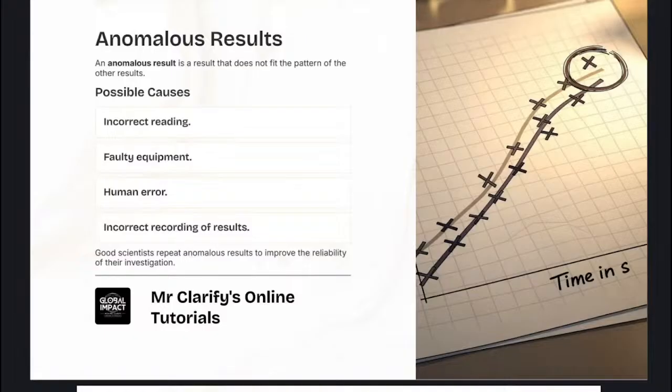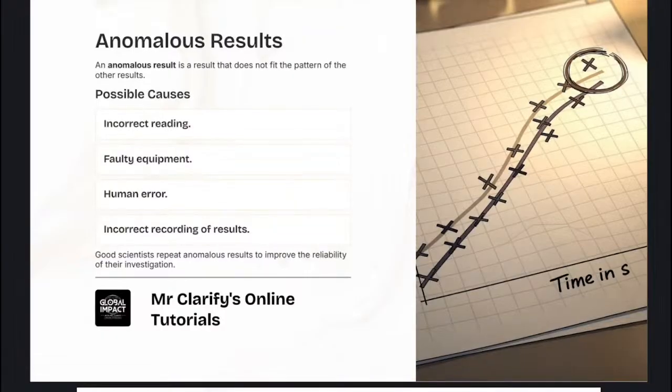Now, let's say you are measuring the rate and you are plotting your graph. We'll talk about how to sketch a graph. And let's say you get a value which is going to be here. This is what we call an anomaly.